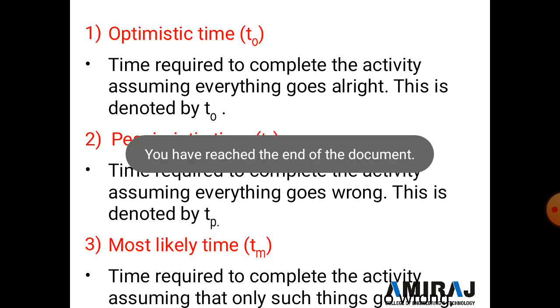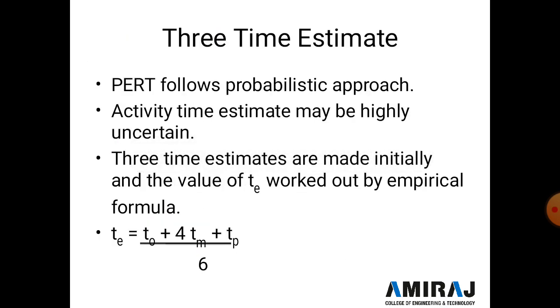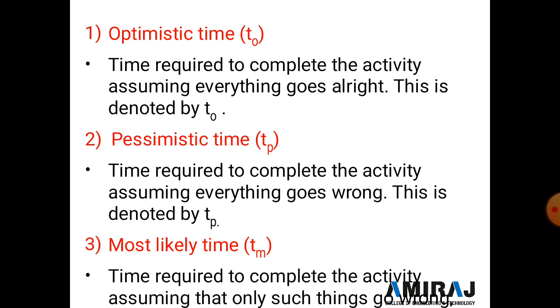Now we discuss what is optimistic time TO, what is TP, pessimistic time, and what is TM, most likely time. Let's start with TO. It is the time required to complete the activity assuming everything goes all right, and this is denoted by TO.